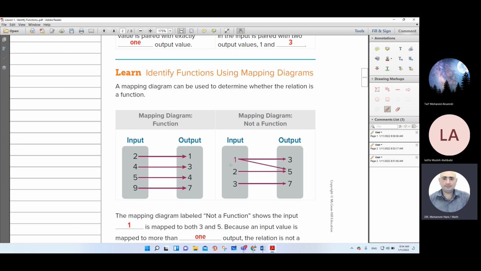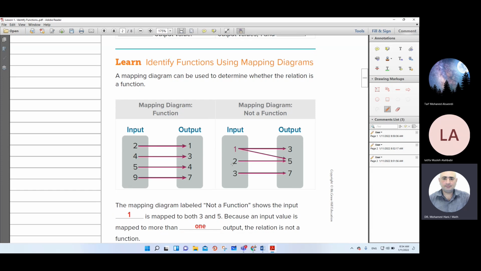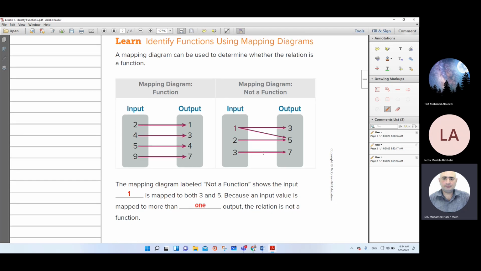But here it is not a function because one in the input has two relations with two elements in the output. This is not a function.